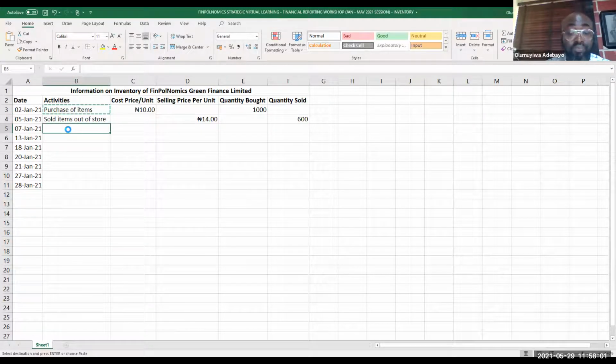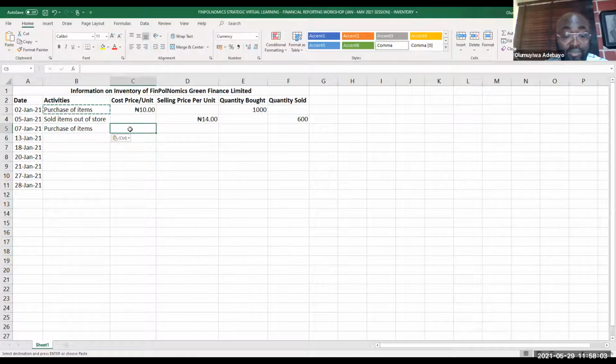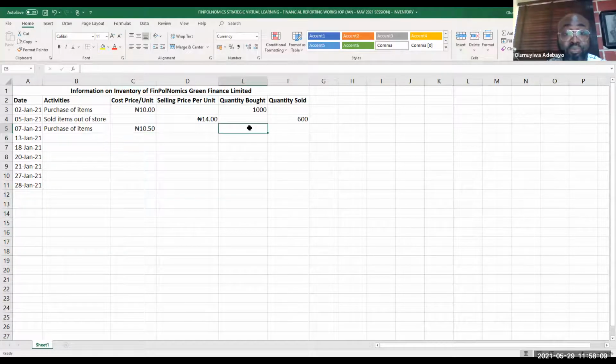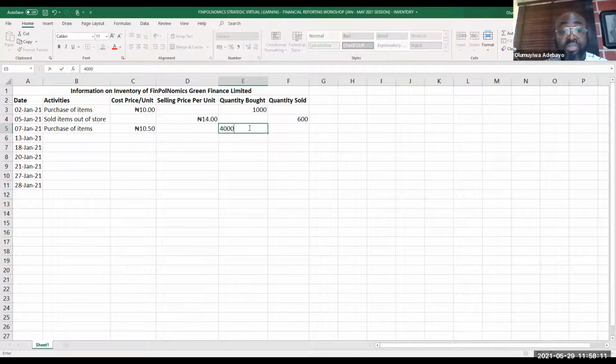Purchase another item at 10 naira, 50 kobo. Purchase another 400.